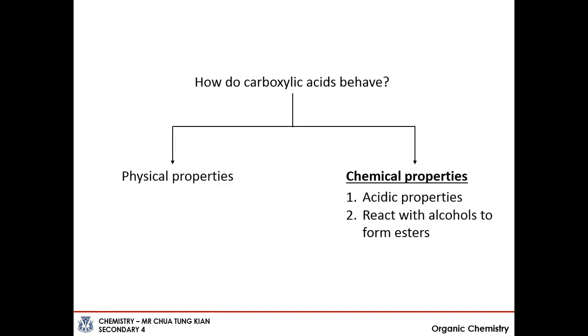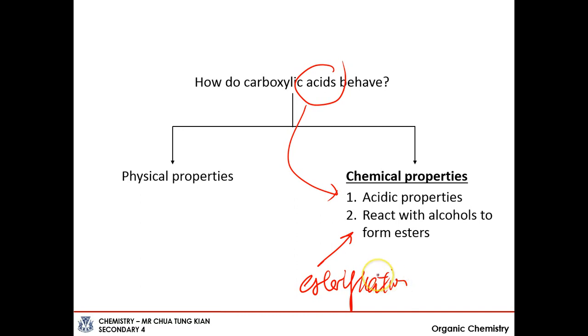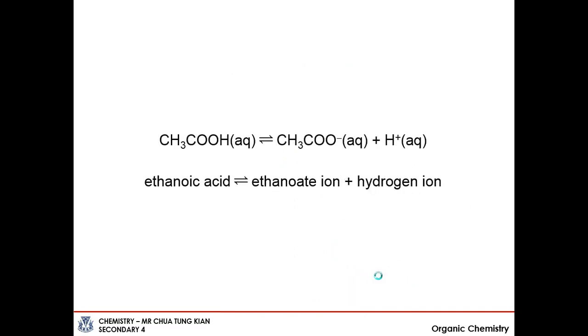Now, this is the interesting part, chemical properties of carboxylic acids. Based on the name itself, you should already know that it should have acidic properties. That's why it is called an acid. The next reaction is esterification, which we skipped earlier because we haven't covered acids yet. We will cover this in detail later on. So carboxylic acids are actually weak acids.